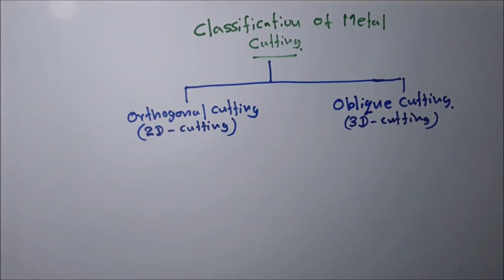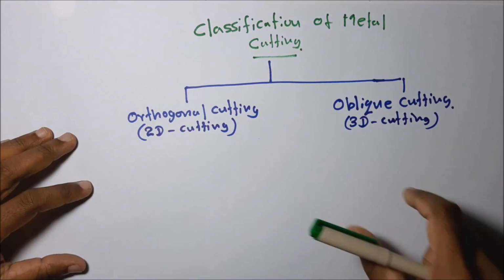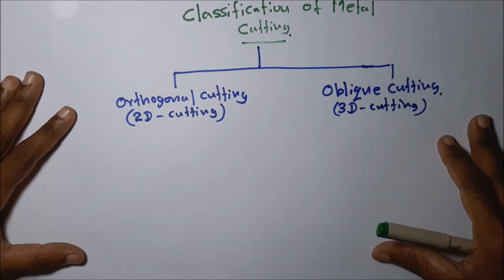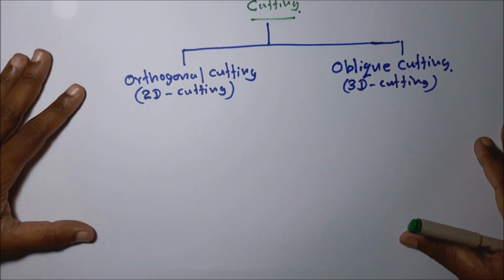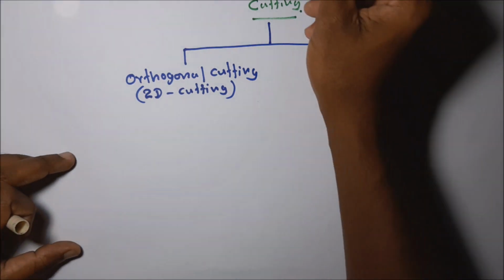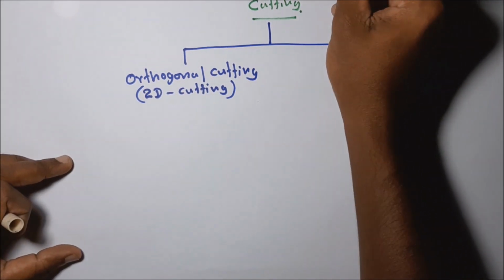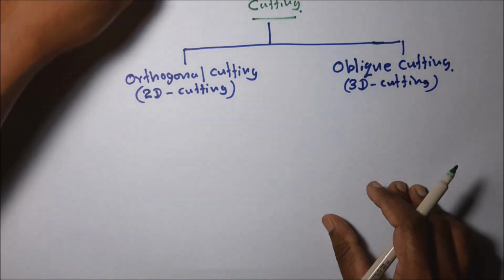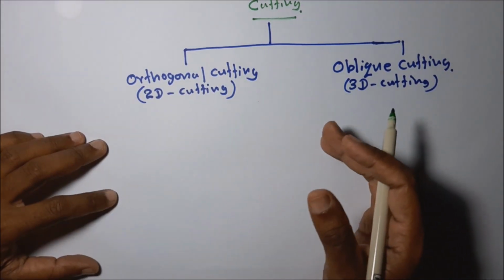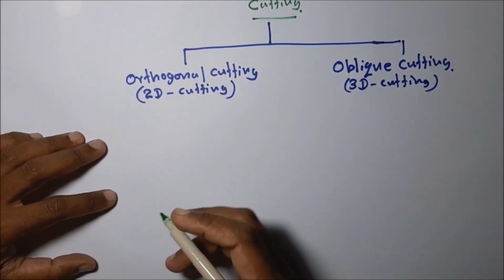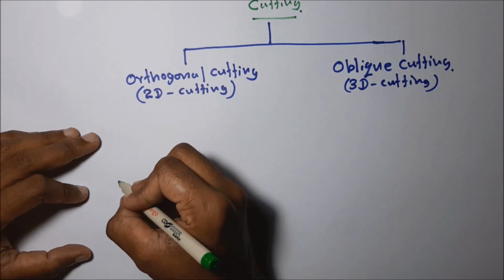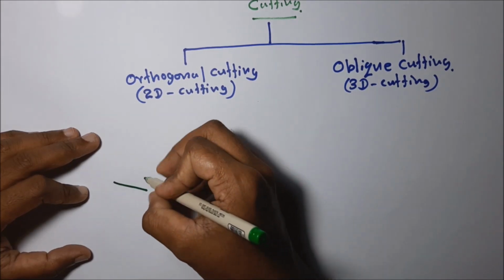Then let's see what the properties of oblique cutting and orthogonal cutting are. In orthogonal cutting, the cutting edge is perpendicular to the direction of cutting. In orthogonal cutting, the cutting edge is orthogonal to the direction of cutting.